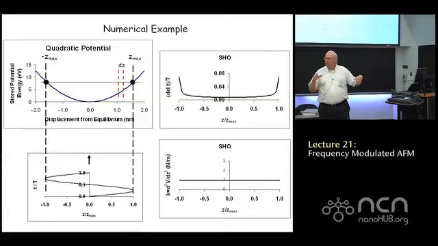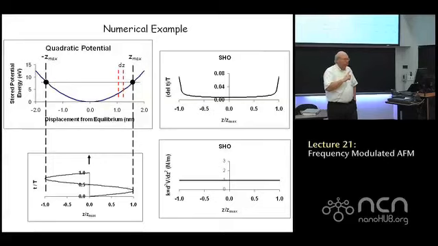And when we actually get to the real situation where the cantilever is oscillating in the tip sample force well, we're going to find out that the answers we get are always going to be heavily weighted by the endpoints of the oscillation, just as this very simple analytical problem is heavily weighted by the endpoints of the oscillation. That's because that's where the particle, or where the cantilever, spends all of its time.